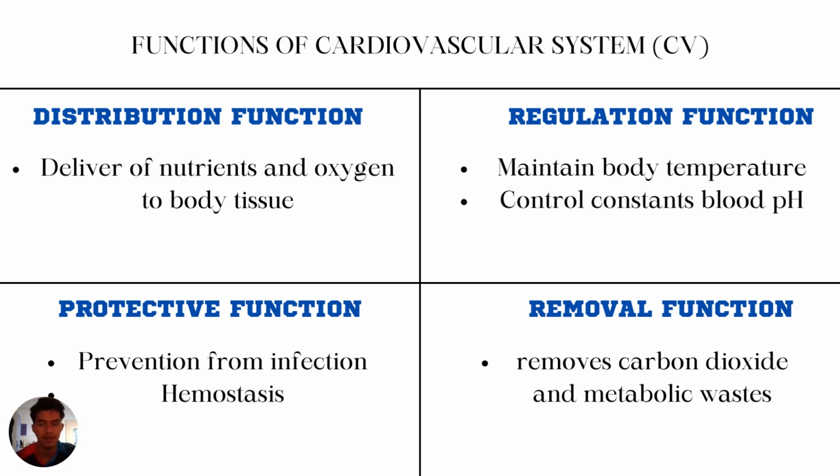Next, we have regulation function. Regulation function maintains body temperature and controls constant blood pH. And the third, we have protective function. Protective function is prevention from infection and hemostasis. And the last one is removal function. It removes carbon dioxide and metabolic waste.